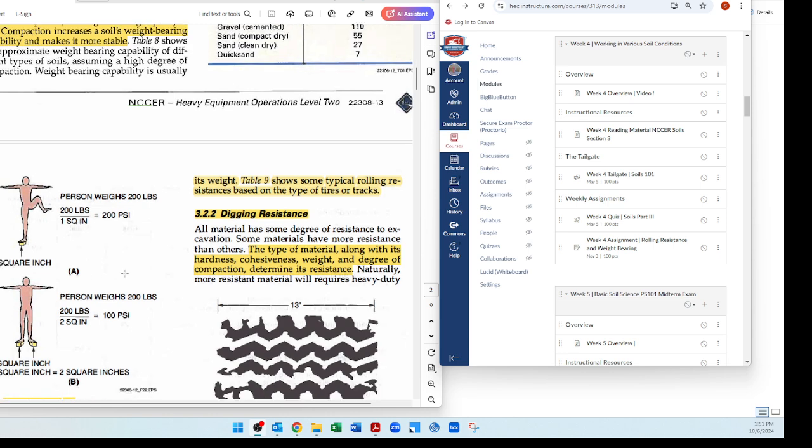Now look at this person. He weighs 200 pounds. So this person is standing on 2 square inches. So it's 200 pounds divided by 2 square inches. So this soil that this person is standing on has the capability of holding up 100 pounds per square inch.